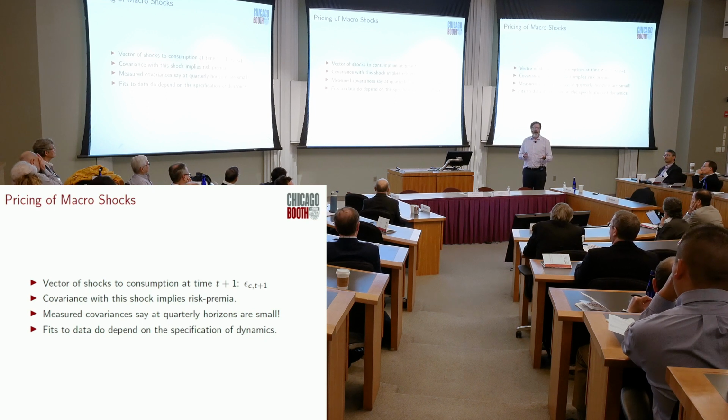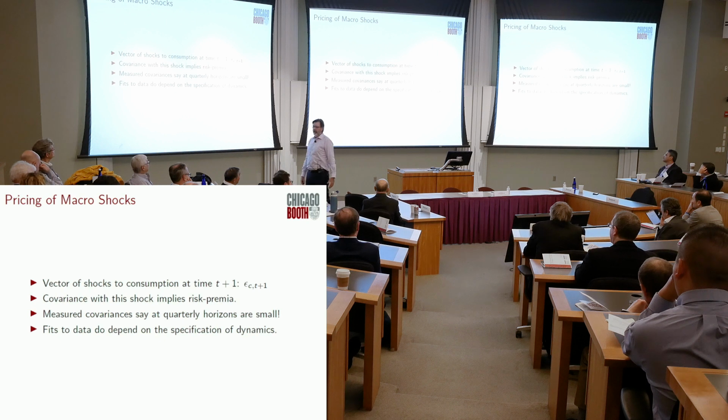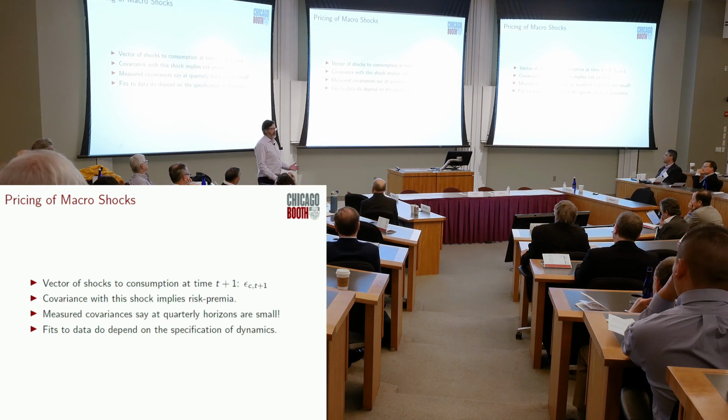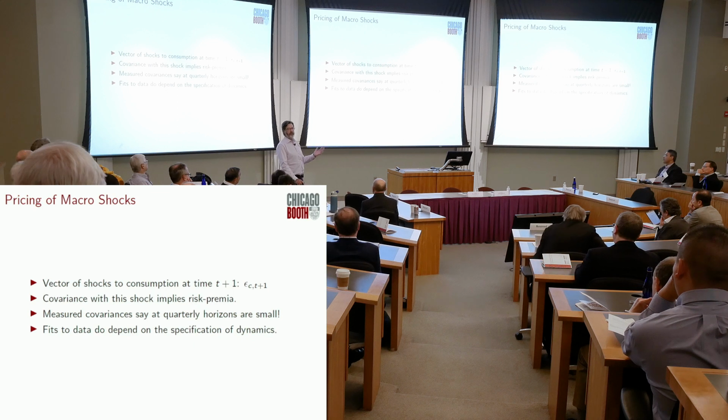Now, of course, the problem is, okay, great, go look at that data, and I'll show you one figure, which are book-to-market portfolios, 5 of them. Those measured covariances, say on a quarterly basis, don't vary very much across securities.